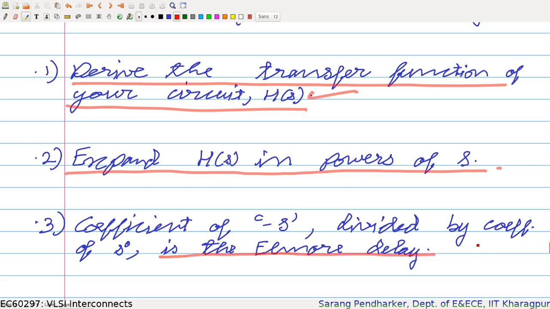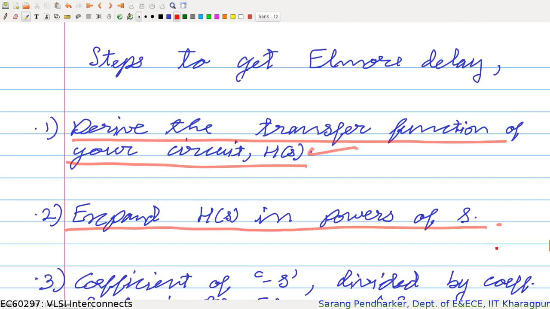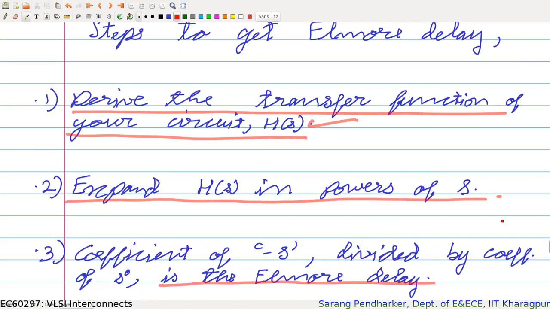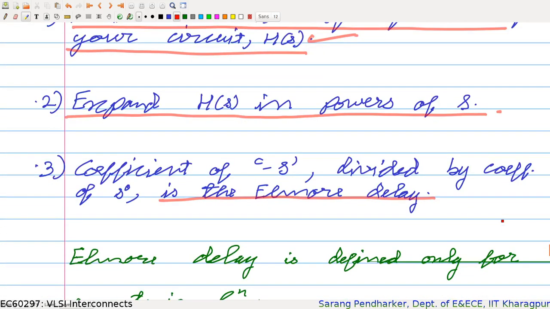Right, are these steps clear to you? For any network, we first derive the transfer function. We expand that in powers of s, and then we just collect the coefficient of minus s, and if the constant in that expansion is not 1, then we normalize by that constant.